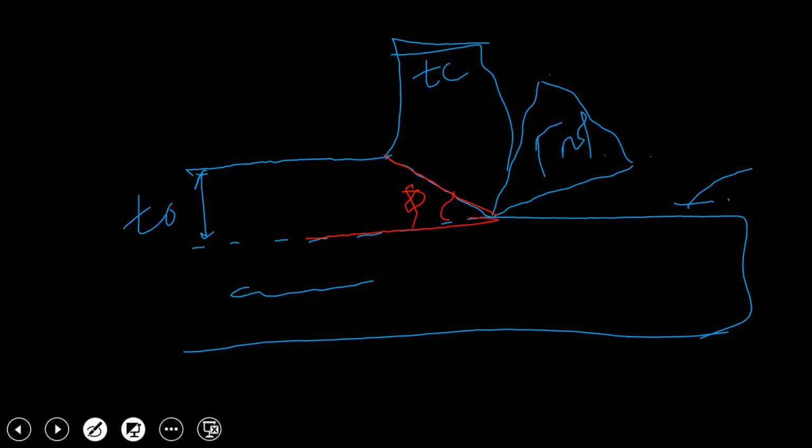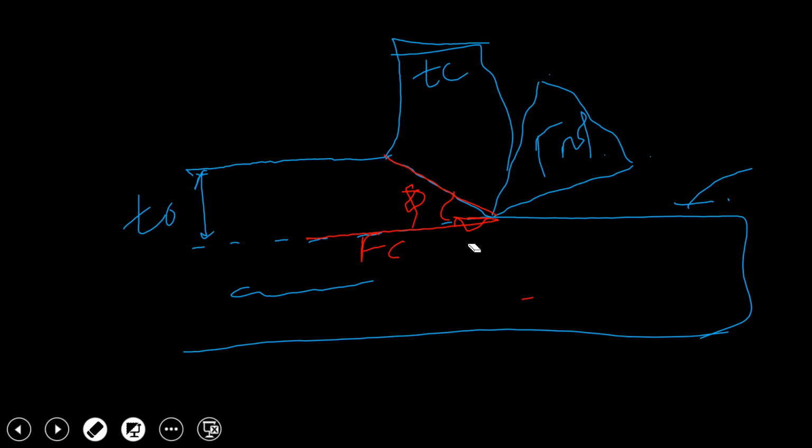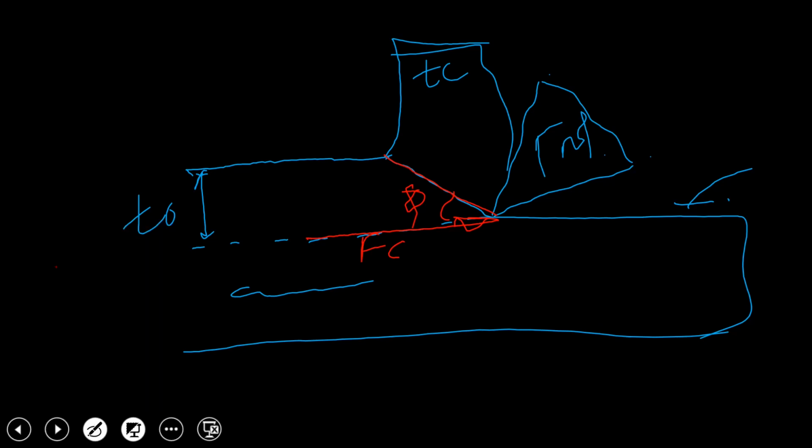Across this face, this is the cutting force Fc, and perpendicular to that one there would be one force acting perpendicular to the cutting direction, that is called the thrust force. Now instead of drawing this thrust force over here, what I'll do, I will draw that thrust force over here.